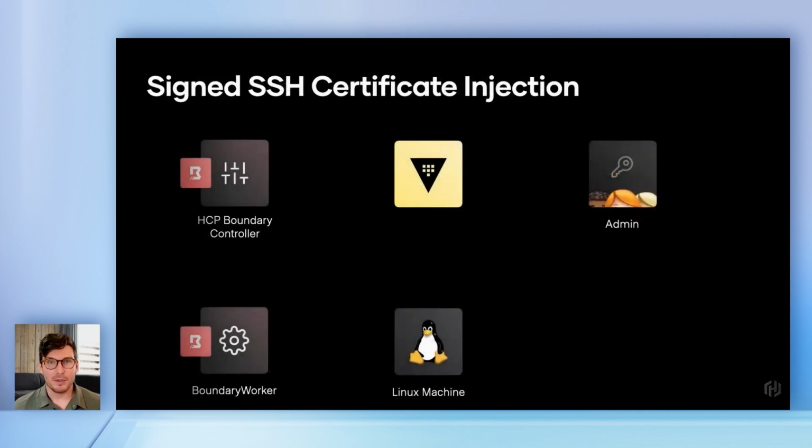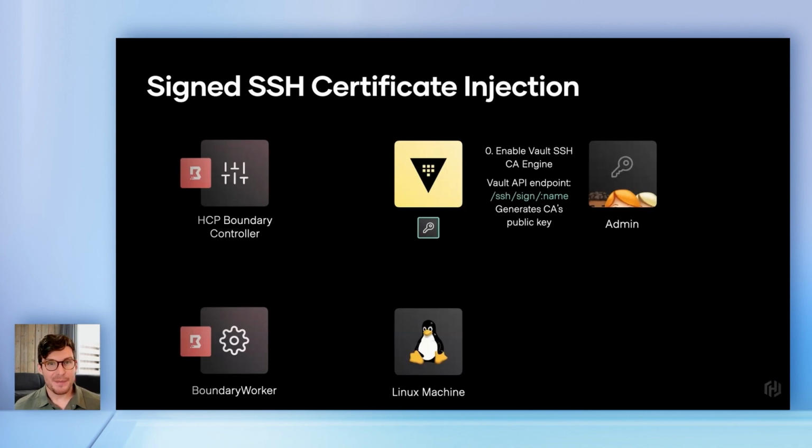Here's a deeper example of how certificates work with Boundary. First, again, note that either the issue or sign Vault endpoints can be used to request a certificate. Today, we'll be using the sign endpoint. Before anything happens, Vault needs to be set up properly.